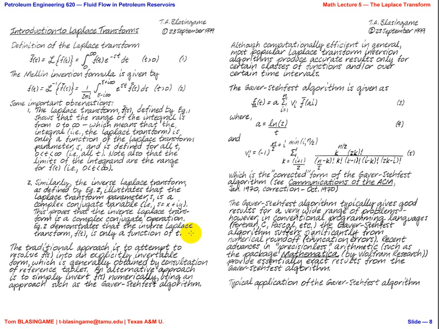First, as you may be familiar with partial differential equations, such as the heat equation or diffusion equation, or the diffusivity equation in our case in petroleum engineering, you have partial differential equations that are functions of space and time. Space is defined as x, y, r, z, and time is defined by t, right?